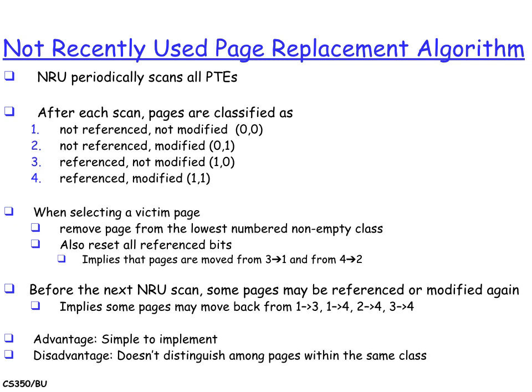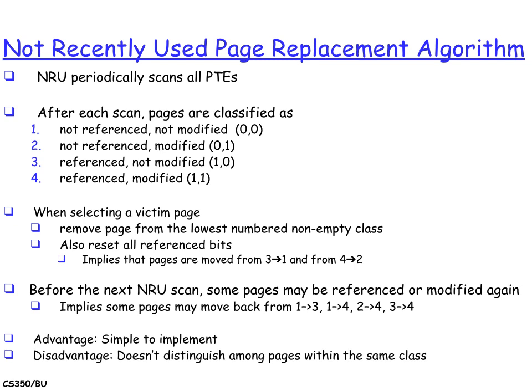So remember that NRU scans the page table entries periodically, say maybe every 1 second or every 10 seconds. Between each scan, the pages are accessed again, and their corresponding reference and dirty bits may change. So if a page is accessed again, the page may again move up the hierarchy.